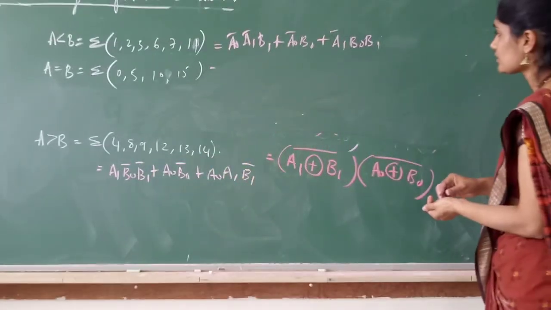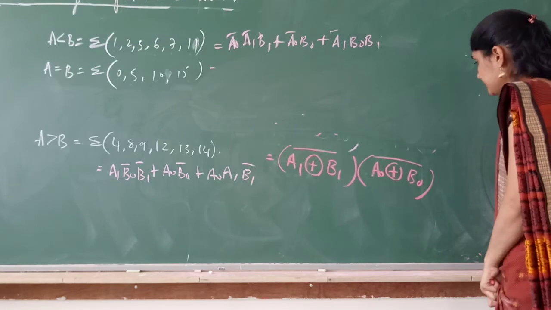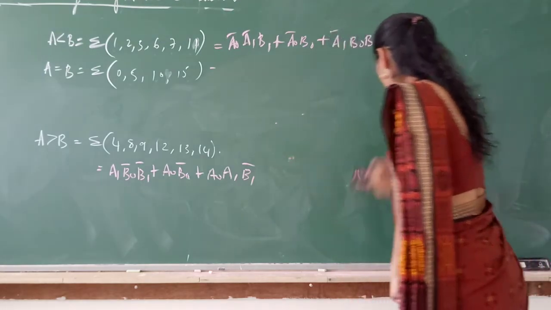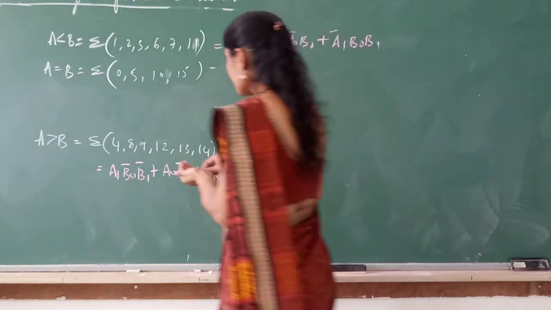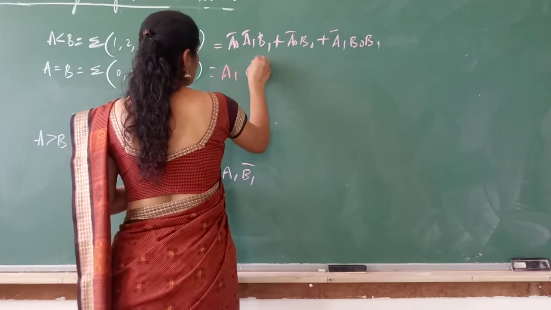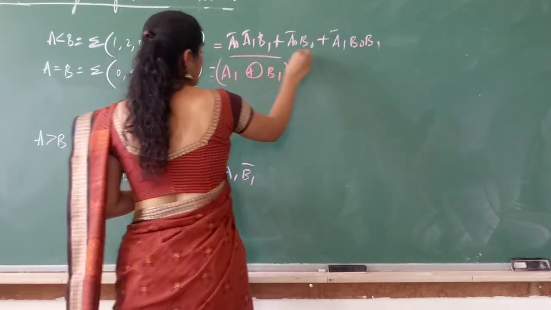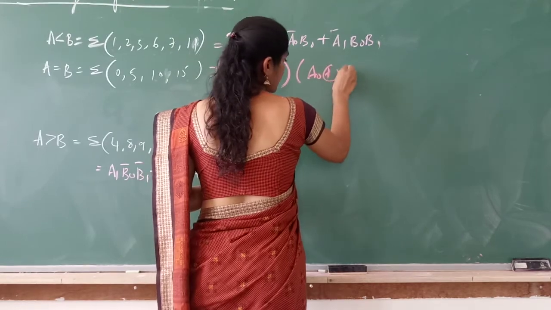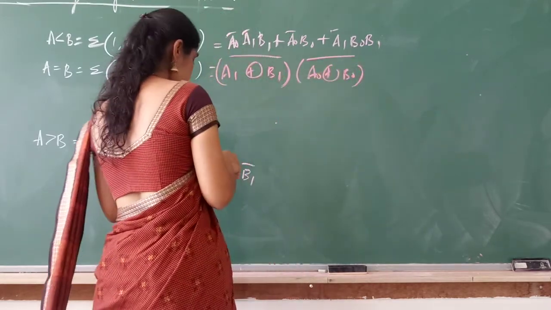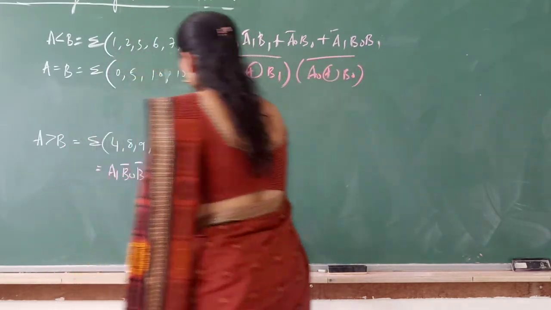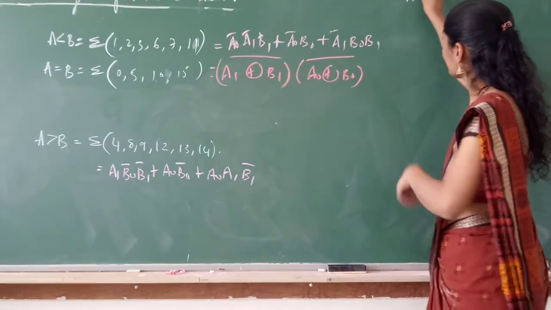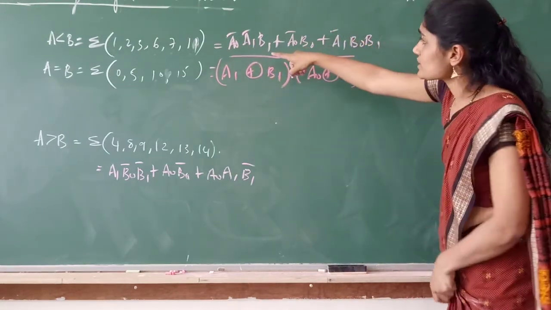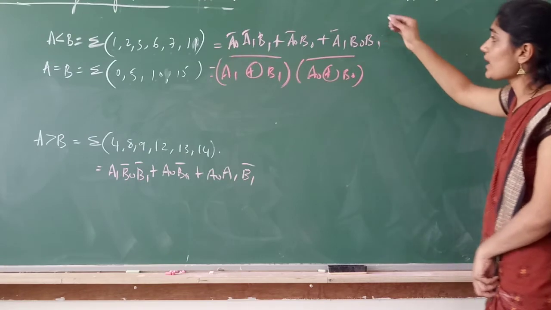Okay, I'll write the circuit here. A1 XNOR B1, A0 XNOR B0, right? So this is A1 XNOR B1, A0 XNOR B0. Now we shall write the circuit diagram. First take A, B. What is the first term? A0 bar, A1 bar, B1.